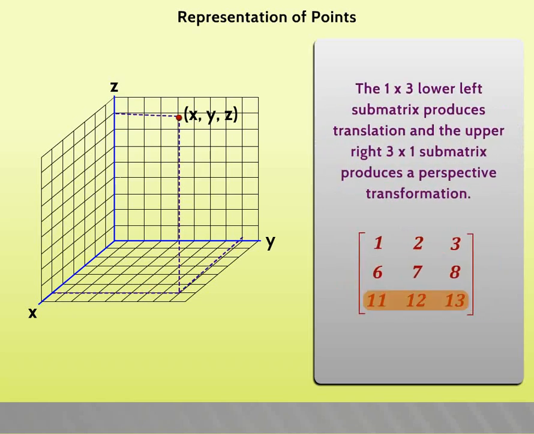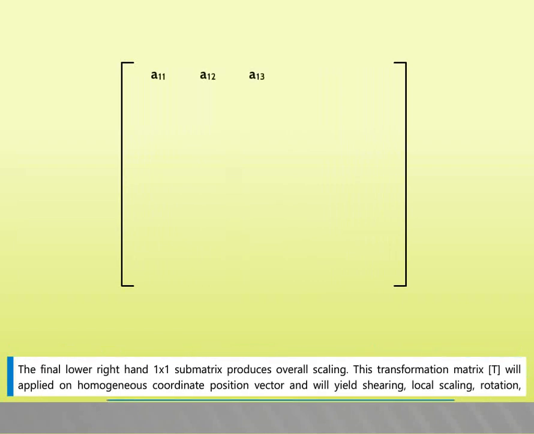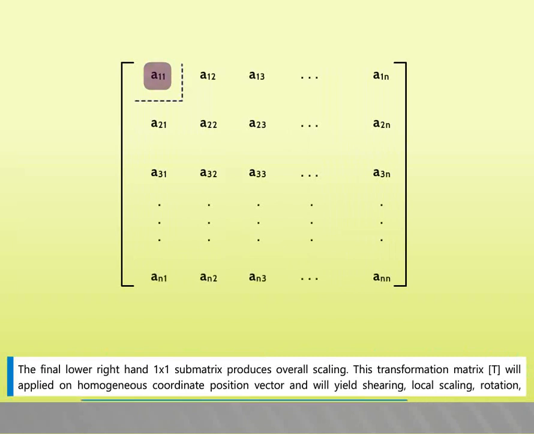The 1 cross 3 lower left submatrix produces translation and the upper right 3 cross 1 submatrix produces a perspective transformation. The final lower right hand 1 cross 1 submatrix produces overall scaling.